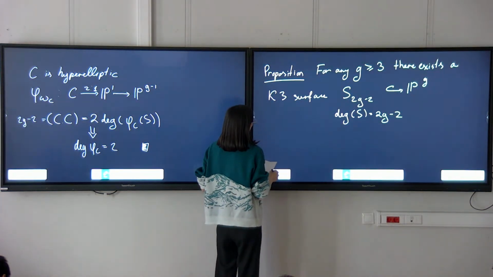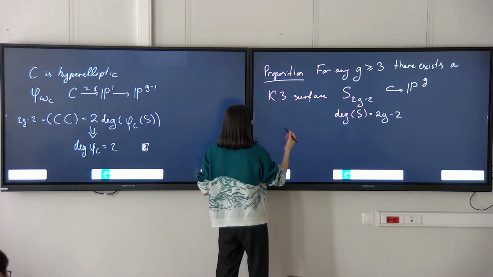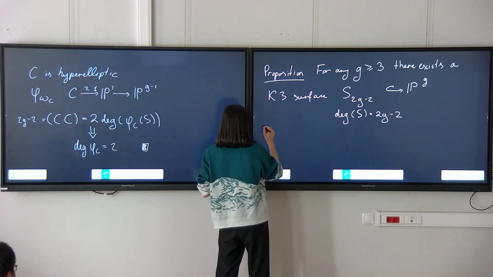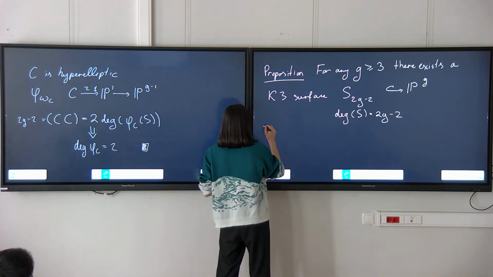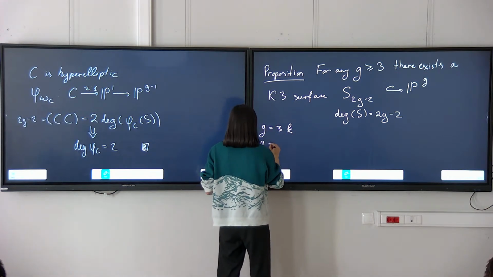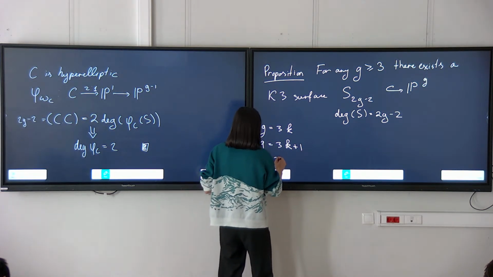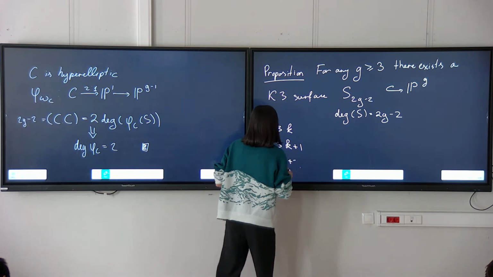Okay. How to prove this statement? So you will need to consider three cases separately. So when g is equal to 3k, g is equal to 3k plus 1, and g is equal to 3k plus 2.